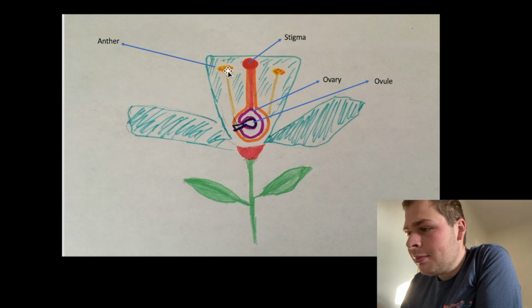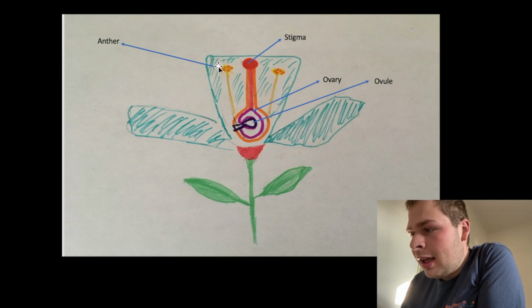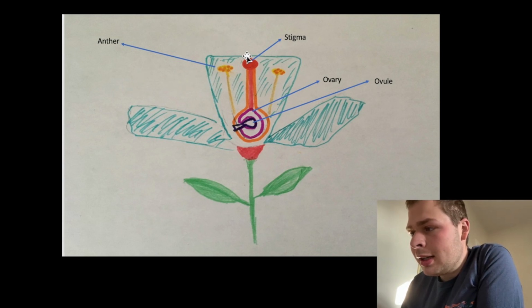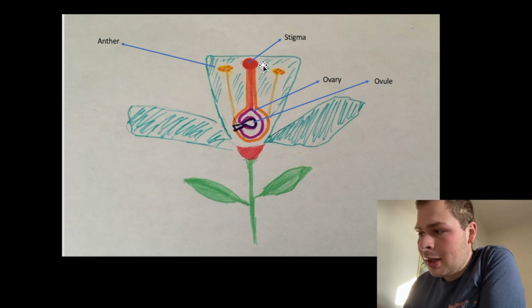So when a bee, if the bee was my cursor, comes in, it's going to go for the pollen because that's a protein source. And then it'll go to another flower, say this is another flower, and then it might drop pollen or inadvertently have that pollen touch the stigma, which is the female part.